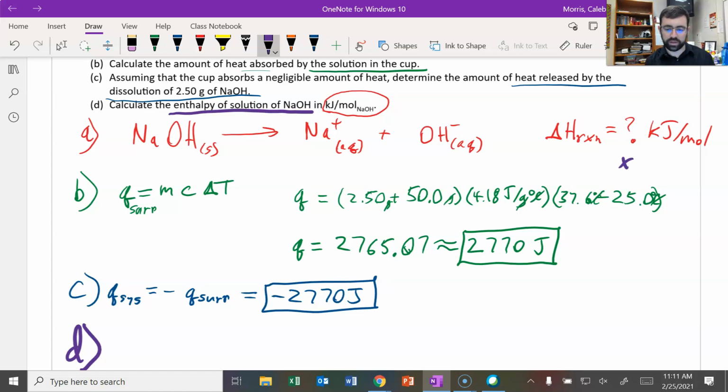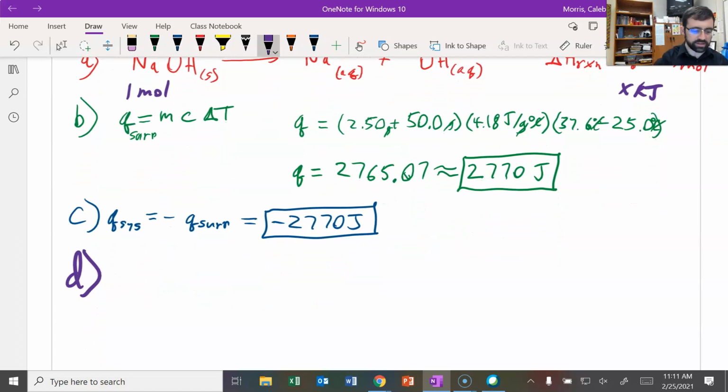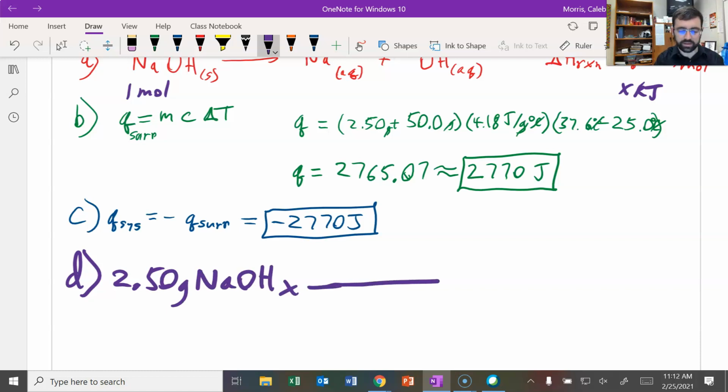So we're looking for the number of kilojoules that are produced by 1 mole of sodium hydroxide. So we had 2.50 grams of sodium hydroxide. We want to convert that into moles using the molar mass. Molar mass of sodium hydroxide is 39.998.